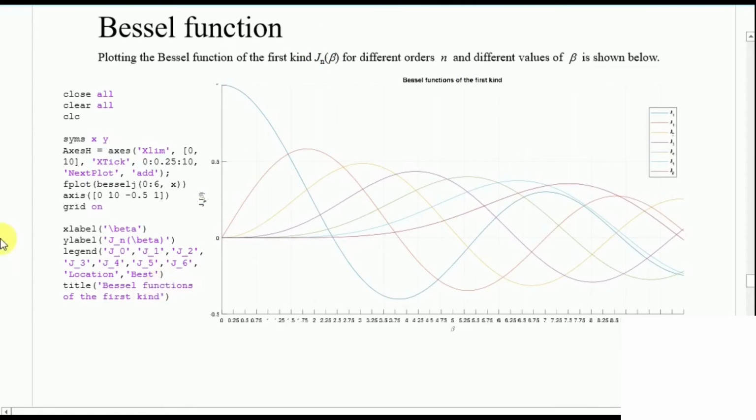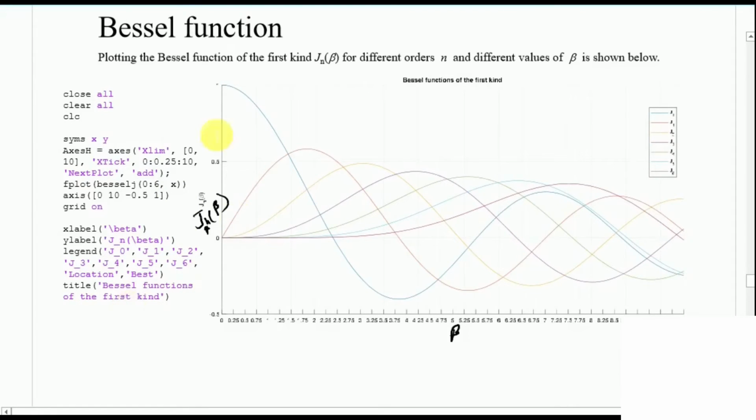On the y-axis we have Jn of beta, and on the x-axis we have beta, right? In Matlab you can use besselj to indicate the Bessel function of the first kind. Then 0 to 6 is the value of n, and x I have simply used to represent beta.